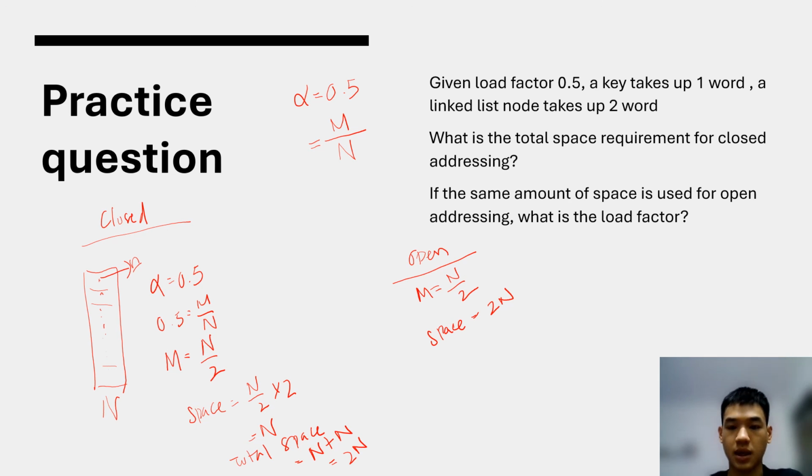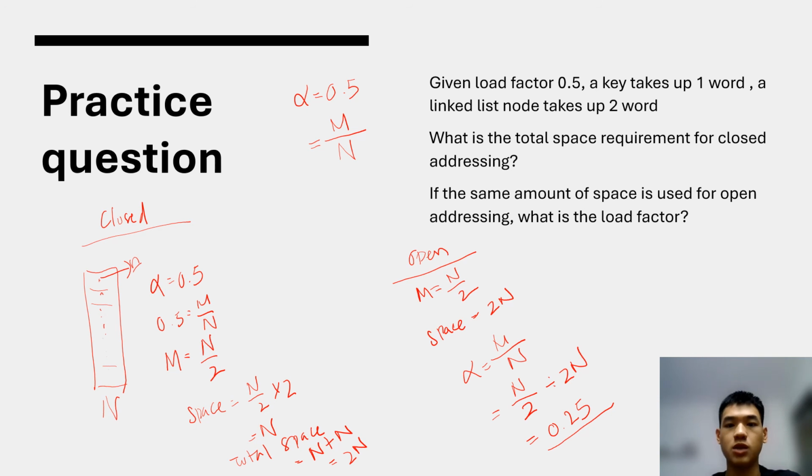And I want to know the load factor. Load factor is always alpha equal to m over n. That means n over 2 divided by 2n. That will give me 0.25. And that will be the load factor for open addressing.